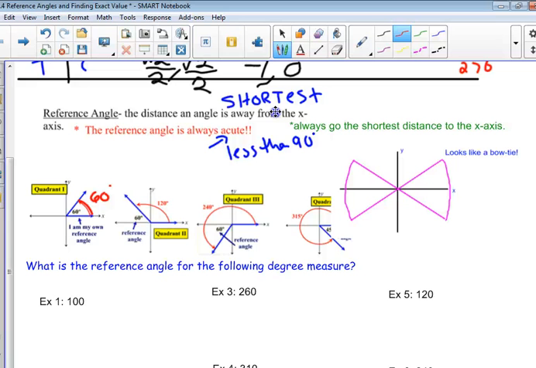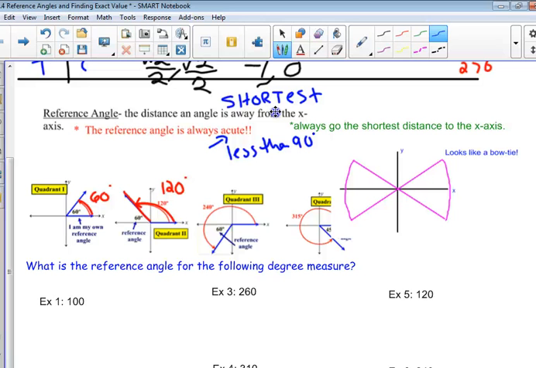Now, once you start getting to things in quadrant 2, like if I was going to graph 120 degrees in standard position, I fall about here. Okay, what happened? Oh, okay, yes, it is like a 260-degree angle, I guess. I like what you're thinking.